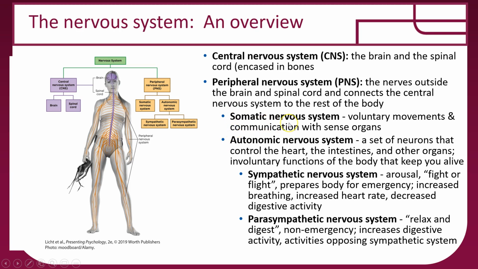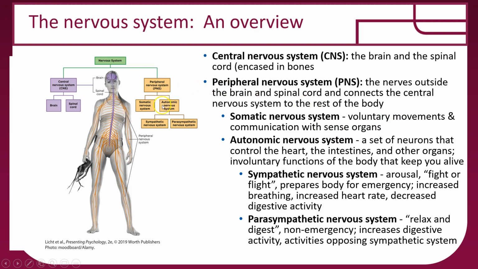The somatic nervous system is involved with all of our voluntary movements. So when you want to move your leg or your arm, etc., that is all your somatic nervous system, the nerves that are important for voluntary movements. They also connect with your sensory organs, but for our purposes, really voluntary movements.